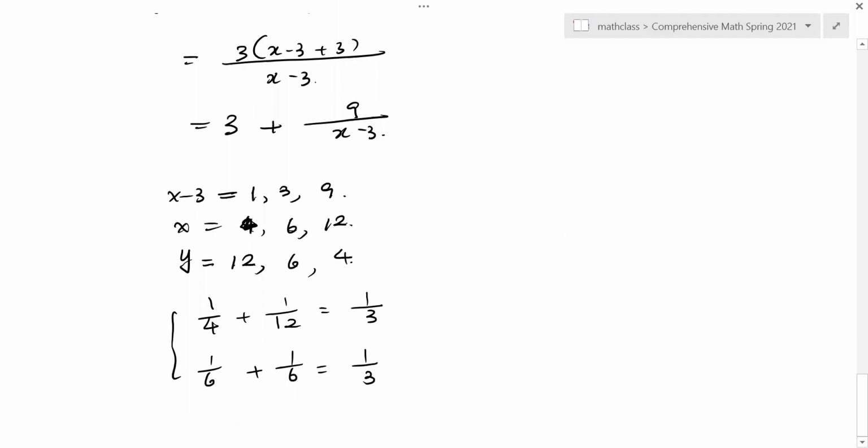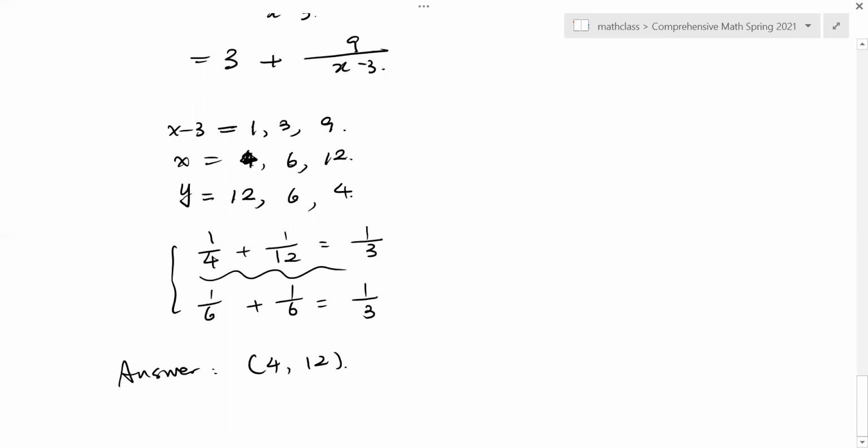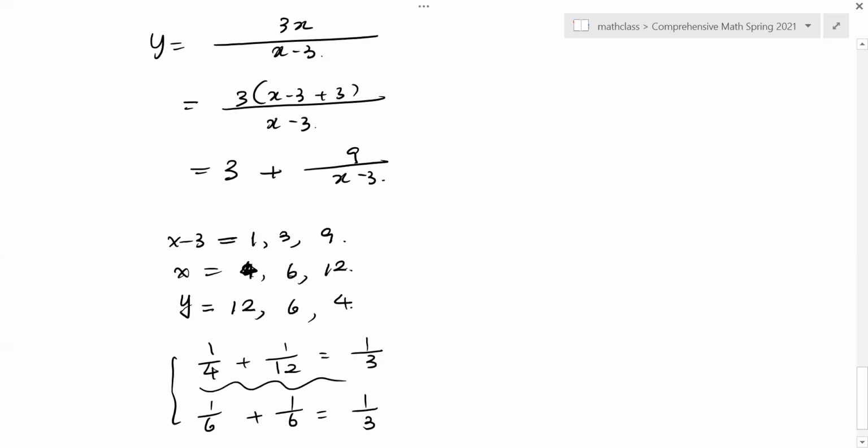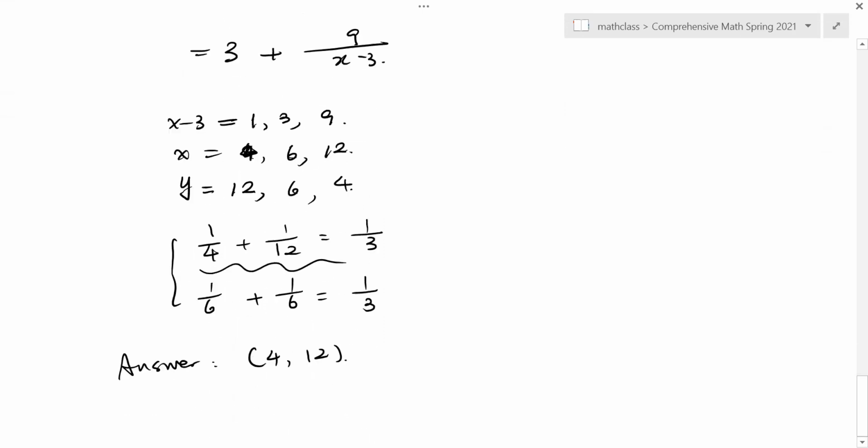However, we assume that x is less than y, so this one is the same and is excluded. The answer is 4 and 12. I think this should be a good way to solve the problem, instead of guessing and trying.